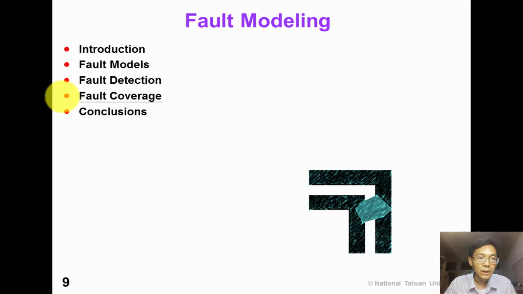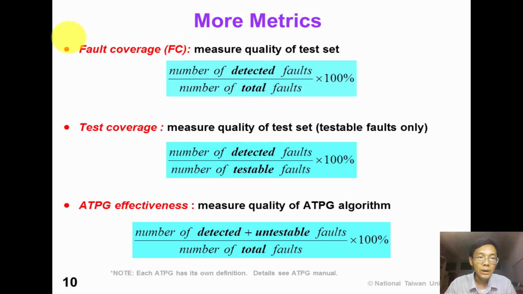Now let's revisit the concept of fault coverage. In our previous lecture, we talked about fault coverage. Fault coverage is a good measure of test set quality. The definition is the number of detected faults over the number of total faults.